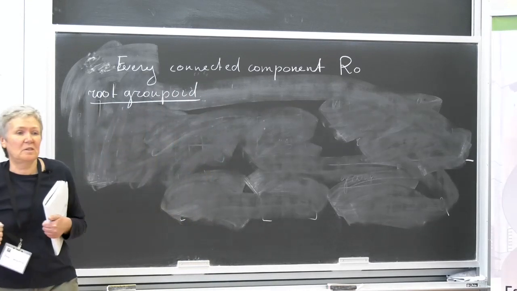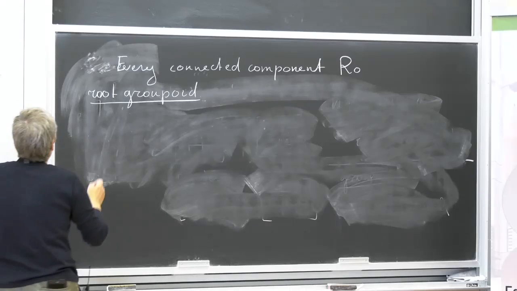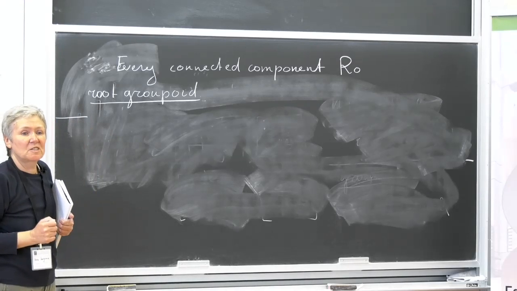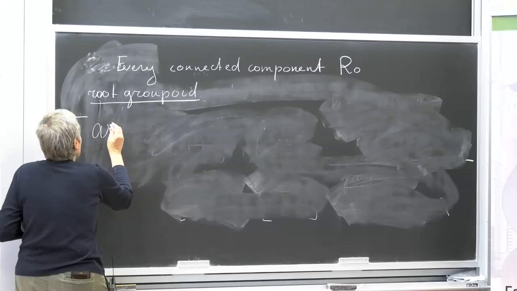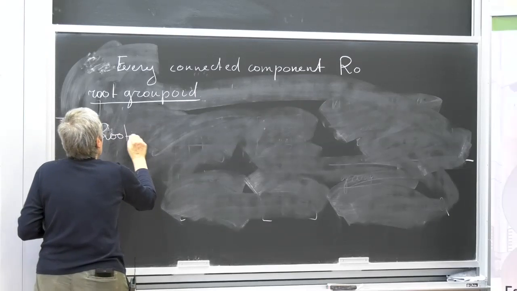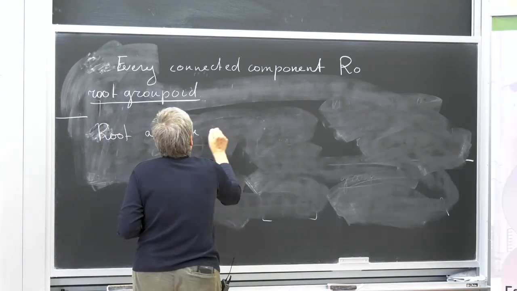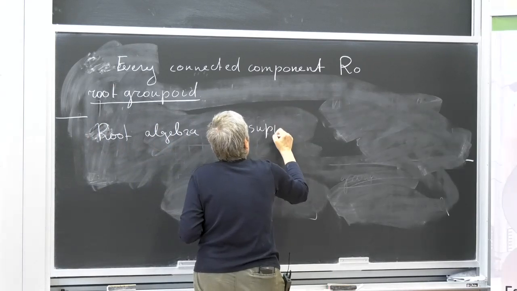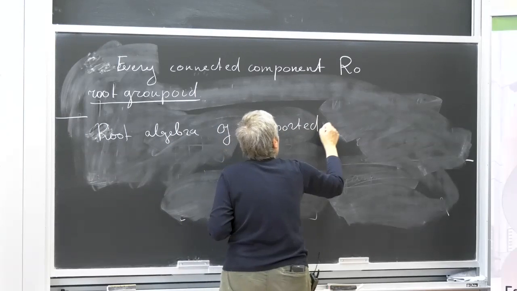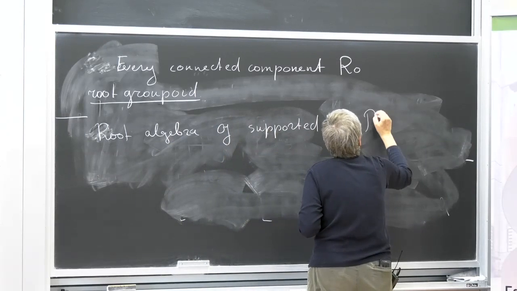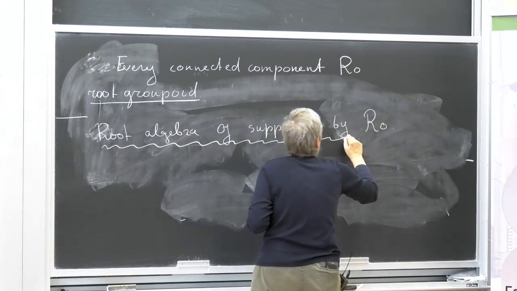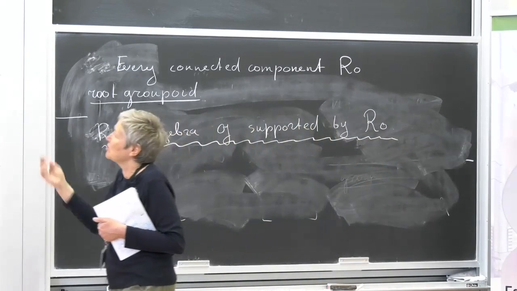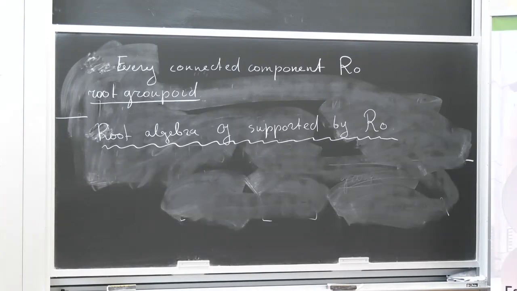So what I would like to do now is to define the algebra. I'm going to define the algebra supported by the root groupoid, the root algebra G. Since I'm already very technical, maybe I should stop writing down the formulas, but I really don't know how to make this talk without writing any formulas.